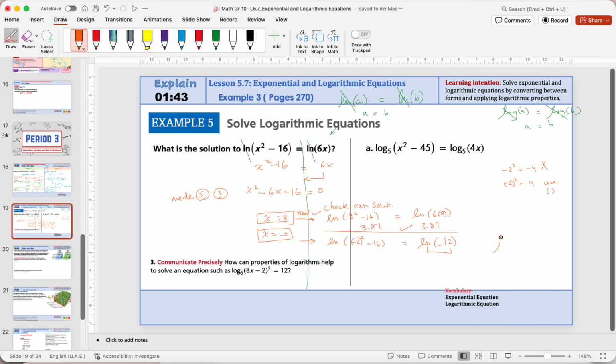By the way, logarithms take only positive numbers. You can't really find a log of 0 or anything negative. So once you see yourself putting inside the logarithm a negative number, definitely it's an extraneous solution. It is a solution for this equation, but it's not a solution that the log will take, you know?